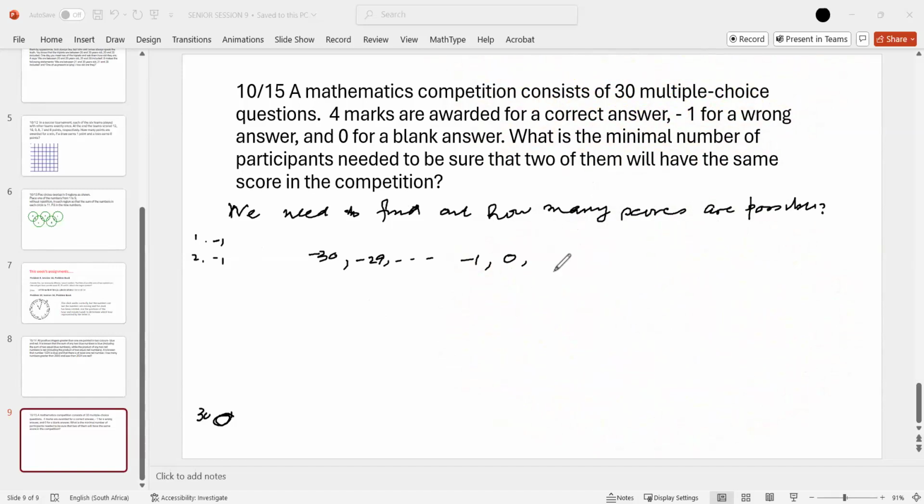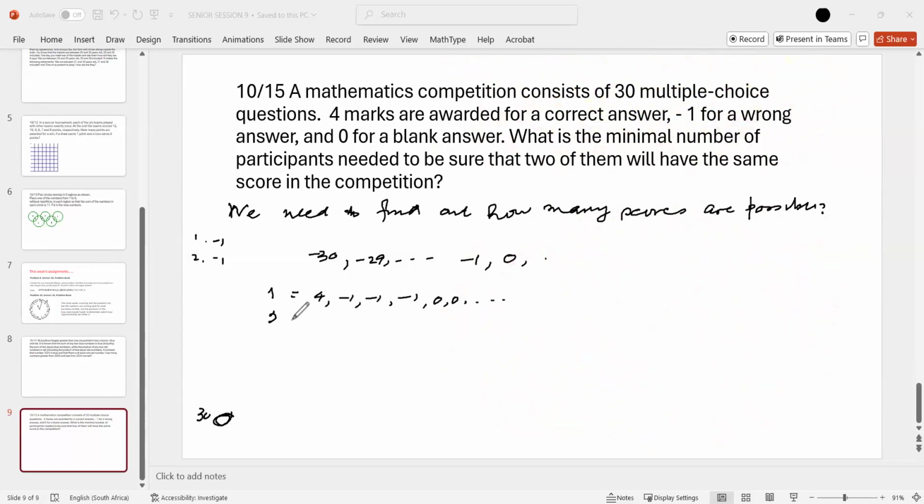Okay, so what else is possible? I suppose even 1 is possible. You could have 4 and -1, -1, -1, and all the others 0. That gives you 1.